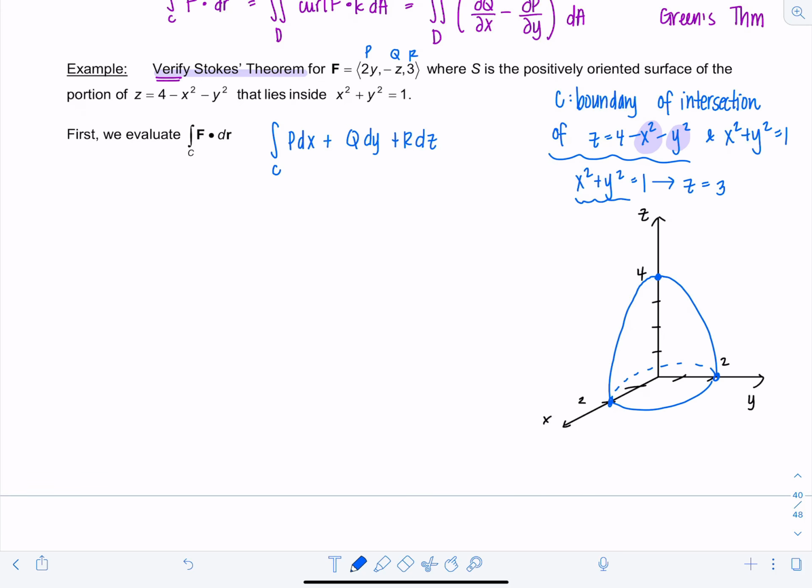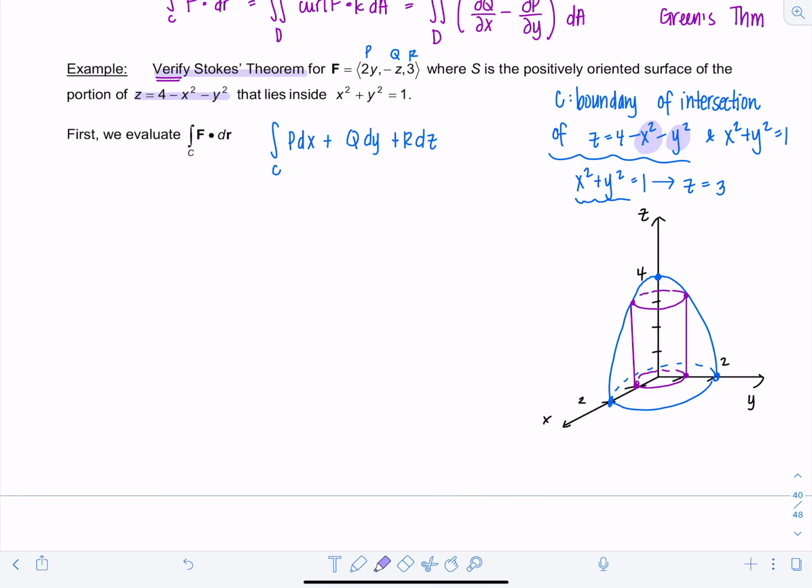And then we have this cylinder, radius is 1, and they intersect when z is 3 right here. Okay, so our surface S is the portion of the paraboloid that lies inside the cylinder.